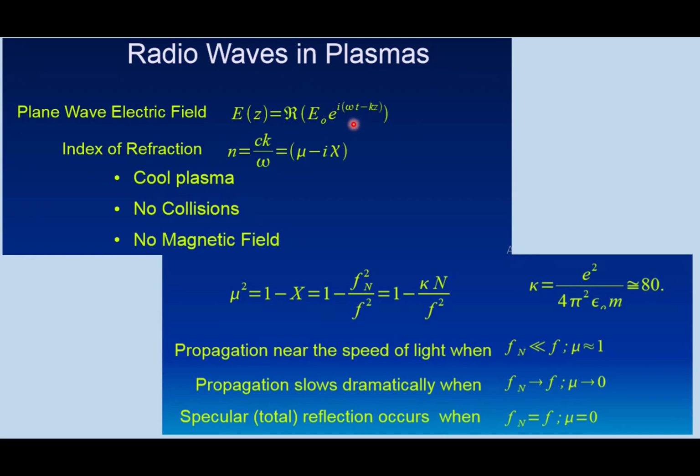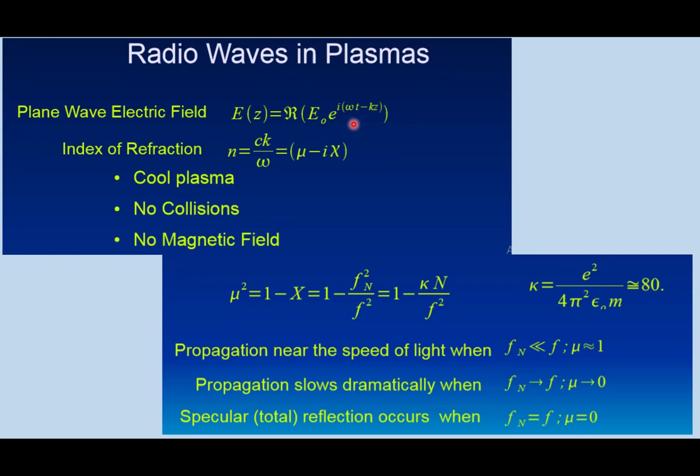This equation simply shows that the value of E varies sinusoidally with respect to z, and also at a given point, at a given value of z, it will vary sinusoidally with respect to time.